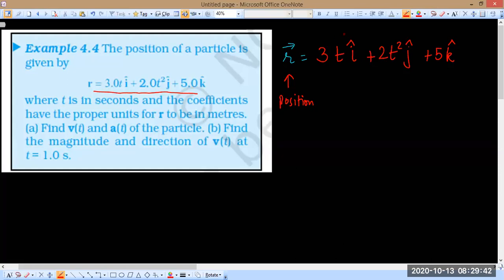Give your answer. Yes, very good. People have started identifying. What's the z component now? 5, yes. 5 is the z component and 3t is the x component.